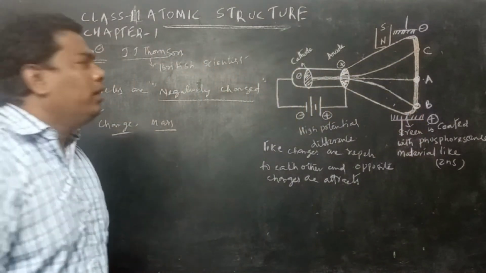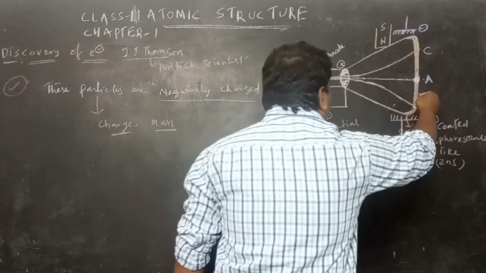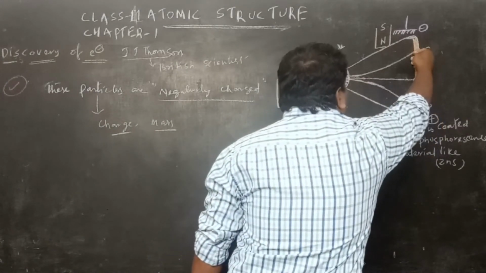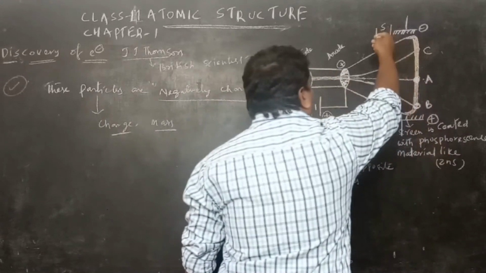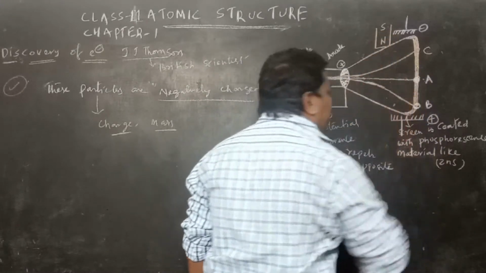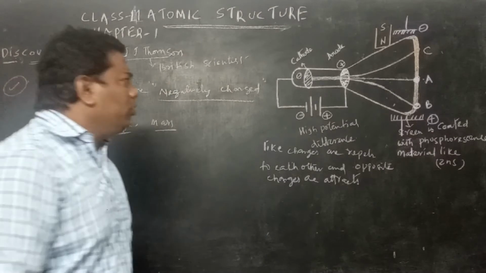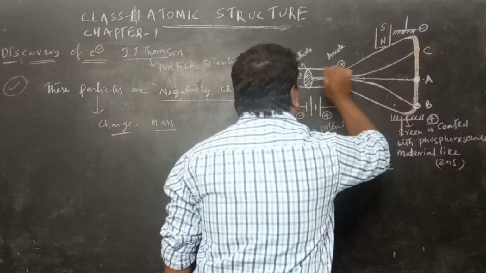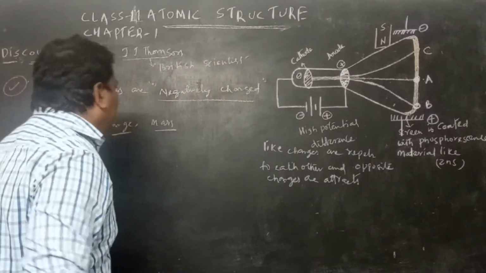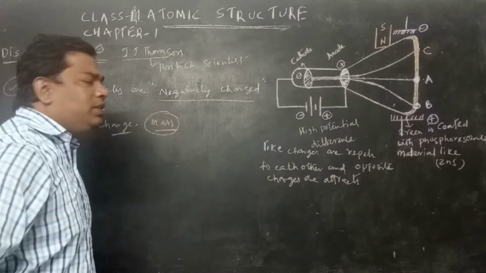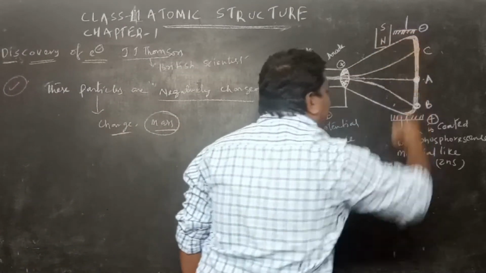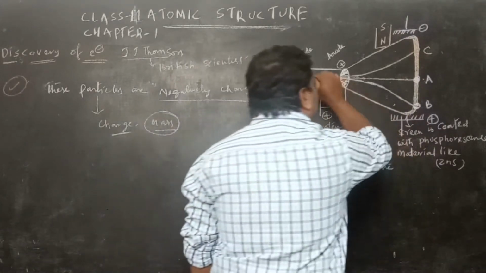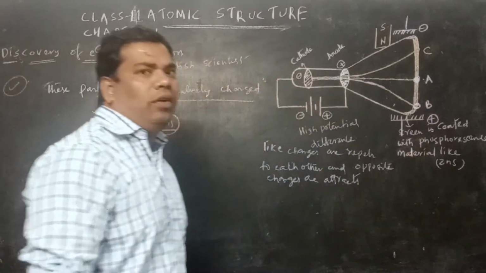When we change the strength of the electric field and magnetic field, the degree of deflection also varies, because these charged particles have some mass.